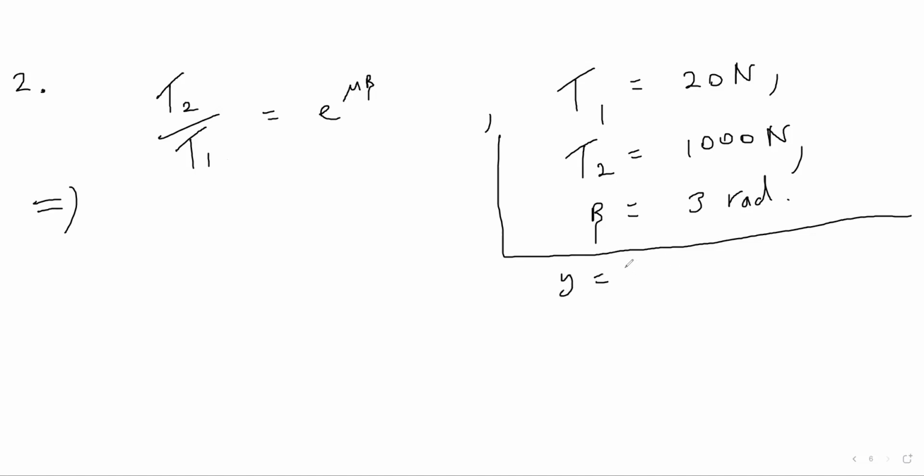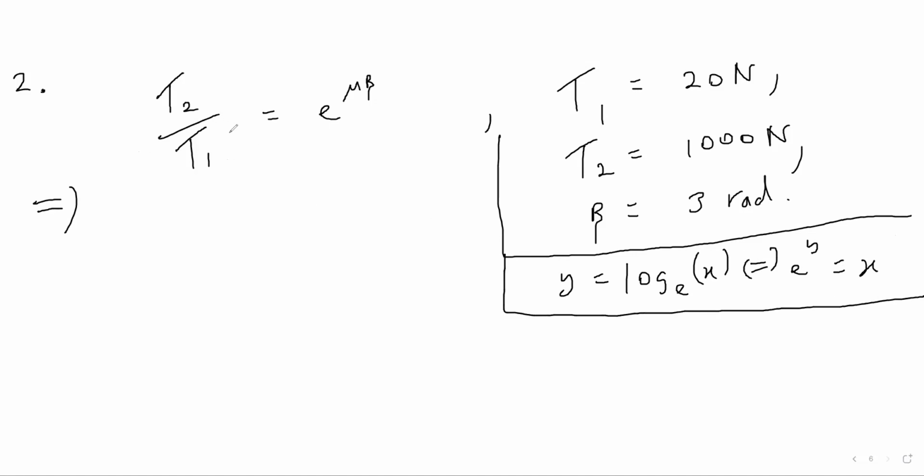So we've got y is equal to log E of X if and only if E to the power y is equal to X. That's our definition. And I'll say it again. In this problem, the mu beta here acts as Y, and the T2 over T1 acts as X.